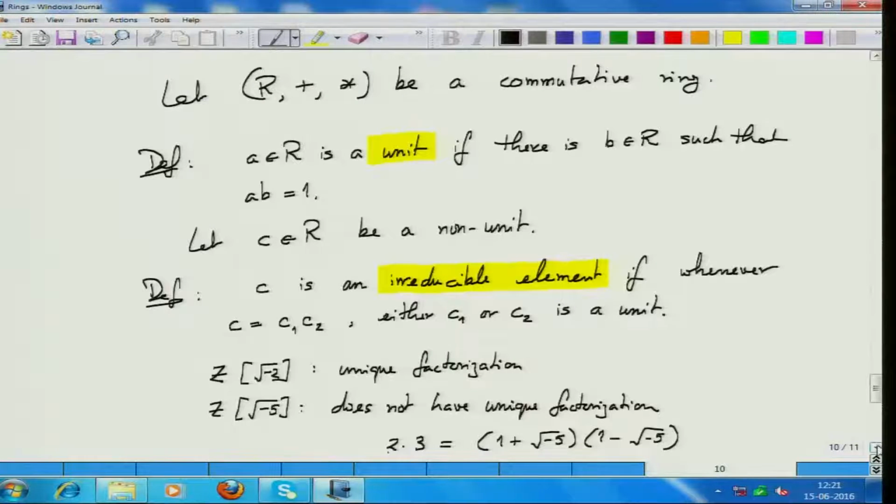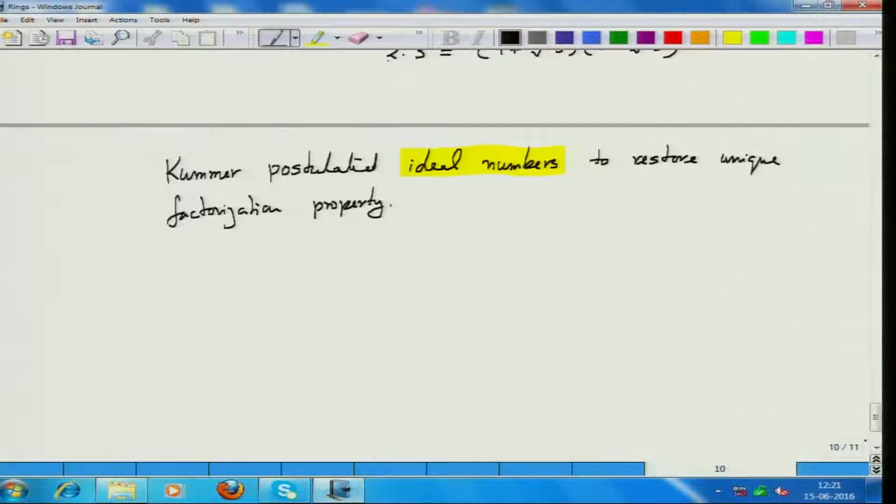What are the typical divisibility properties? There are two primary properties.